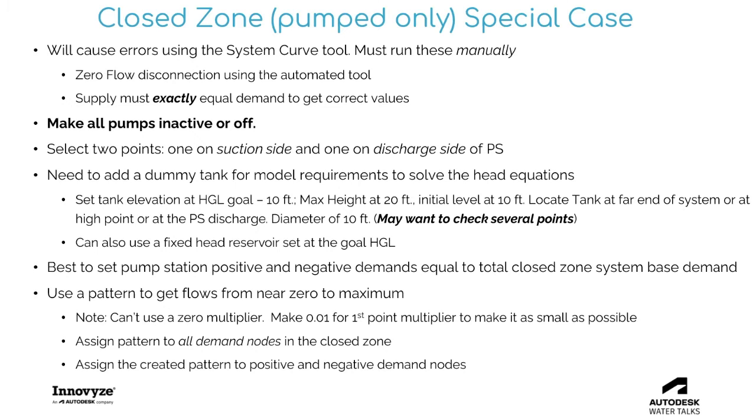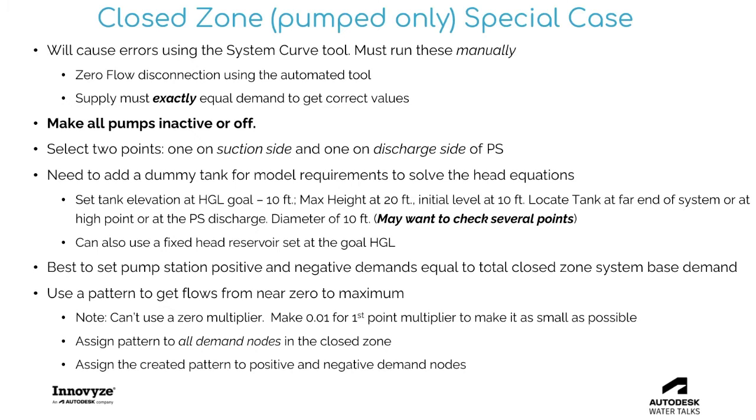2.31 feet per psi, so 50 psi is basically 115.5 feet. That would be the equivalent of 50 psi. So you add that to the elevation of that junction.